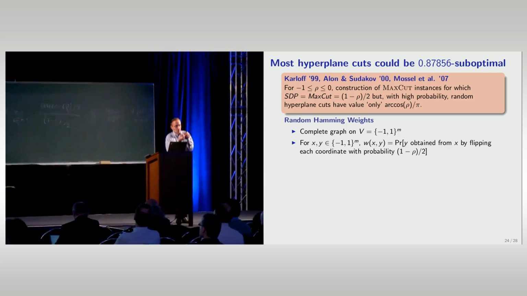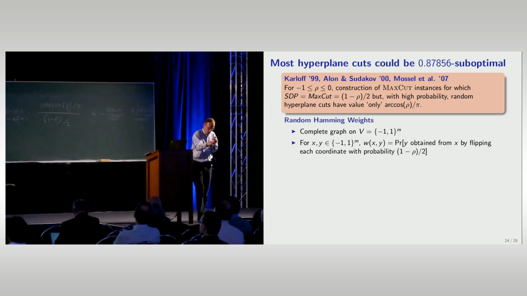So between x and y, you start from x and you flip the coordinates of x with probability (1-ρ)/2. And you put as weight of that edge the probability that you get y.